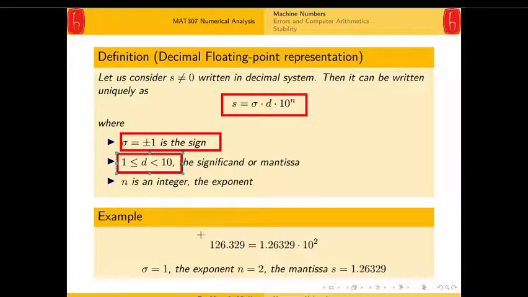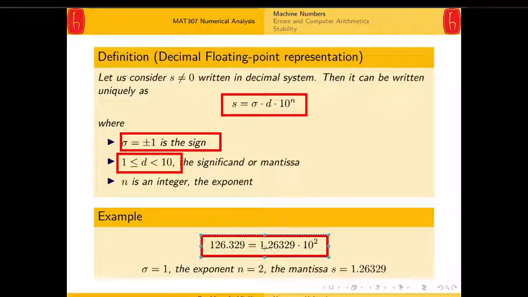An example will be 126.329. For this number, the mantissa has to be between 1 and 10, so we need to write the mantissa as 1.26329. This means we divide the number by 100 to write it in this form.